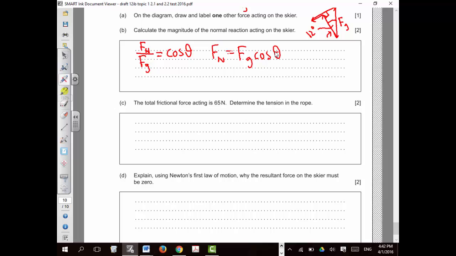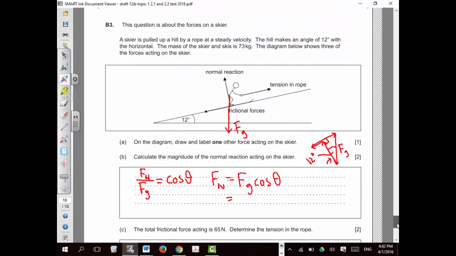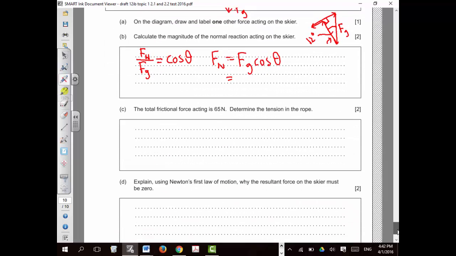And if we plug in the numbers, was it 72 kilograms? 73, okay. It's going to be equal to 73 times 9.81 times cosine of 12. Okay, and that gives us, let's have a look.